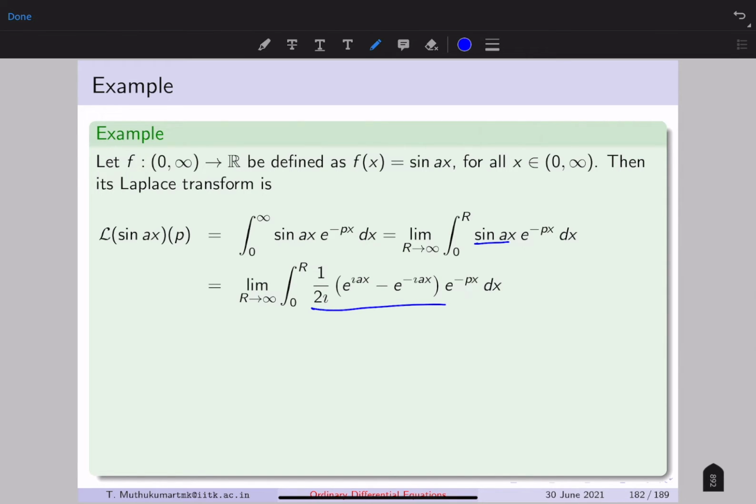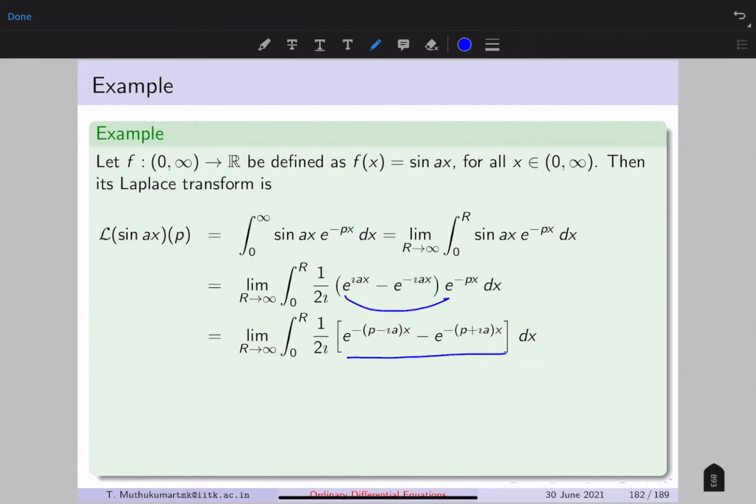The complex identity: sine ax is e power iax minus e power minus iax over 2i, and then e power minus px. Now since they are exponentials, you can bring them together, so you have this form: 1 over 2i, exponential of minus (p minus ia)x and exponential of minus (p plus ia)x. You just sum the exponents.